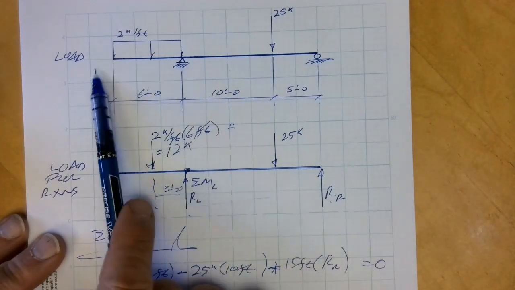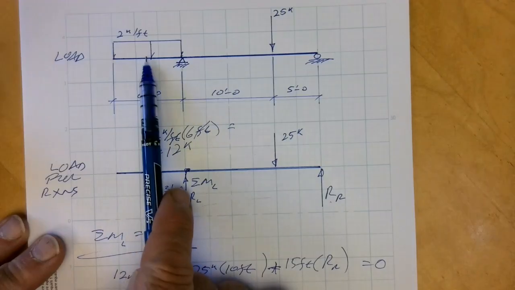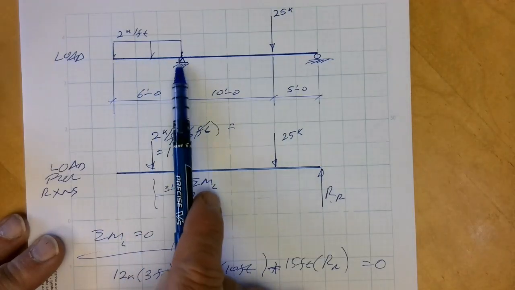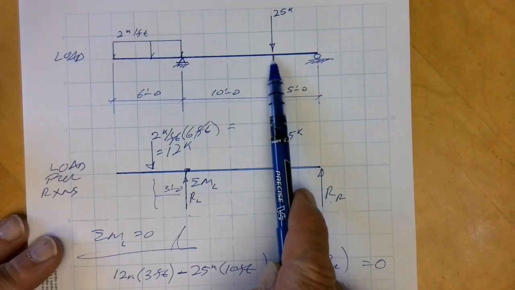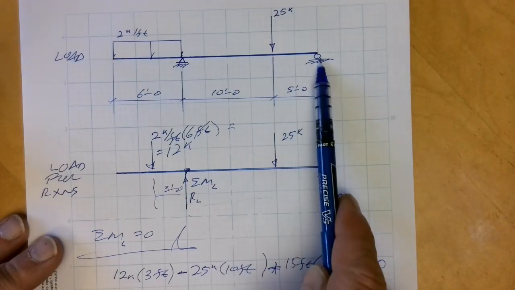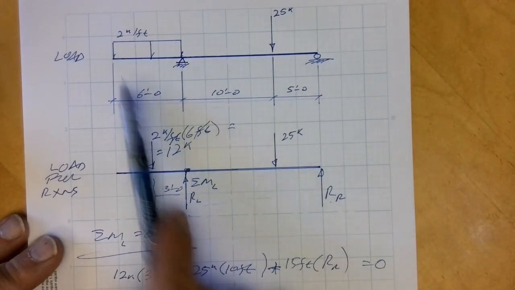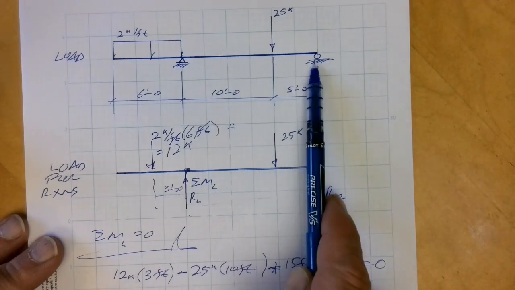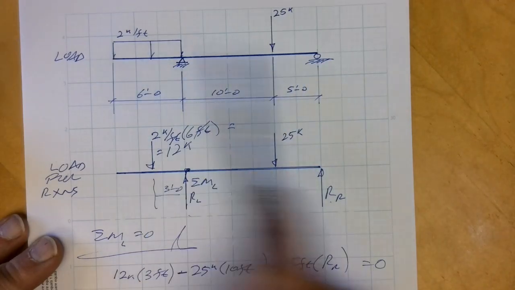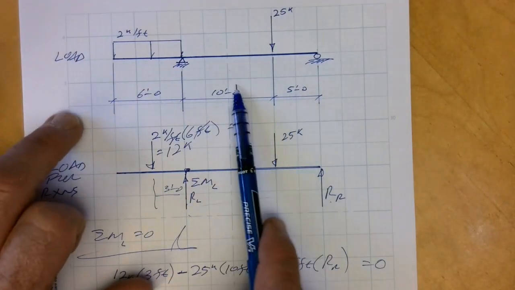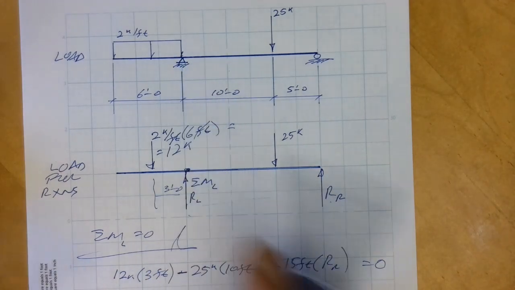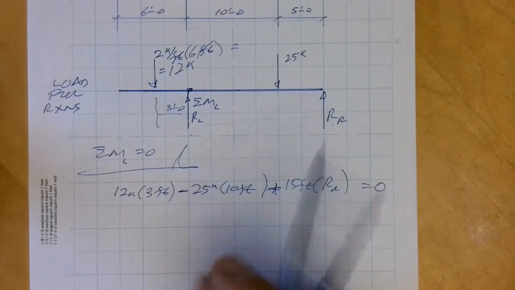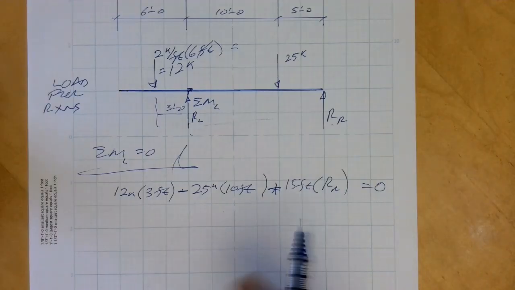From here, going to the end, it's 6 feet. To the middle of that, it's 3 feet. So everything's relative to this. If I were to sum moments about here, it would be 5 feet to here, 10 feet to here, and 16 feet to here. And then from here to here would be that plus that plus that. So wherever you sum moments about, that's your datum or your base point for all of the moment calculations.